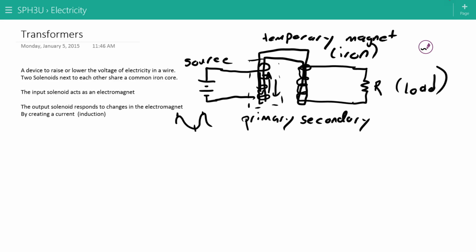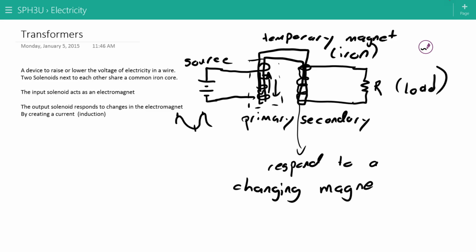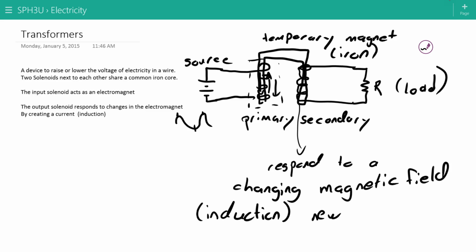What does matter is that it's changing, because we can recall from the last video that this coil, the secondary coil, will respond to a changing magnetic field through the law of induction to produce a new current in the secondary coil.